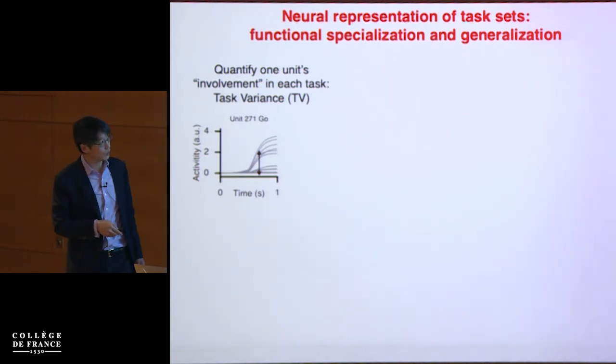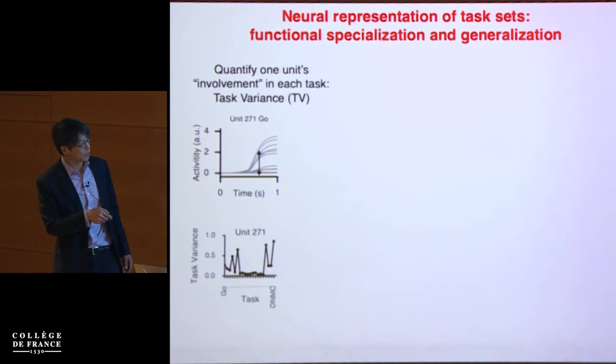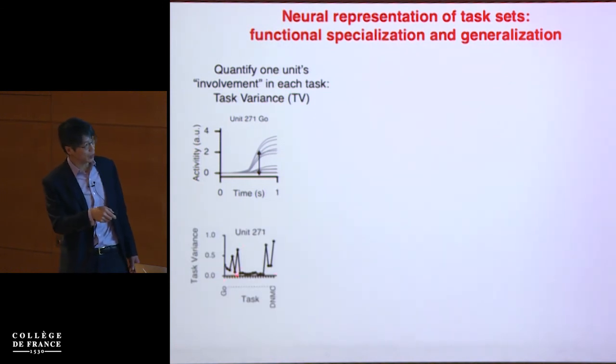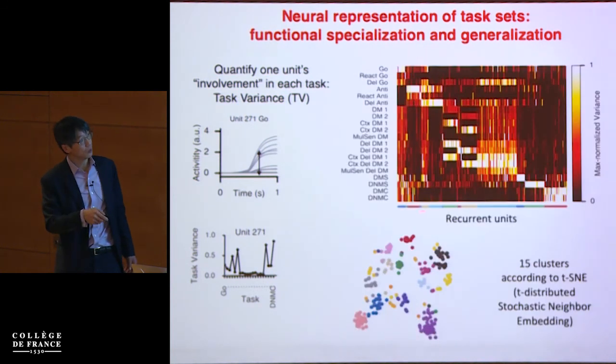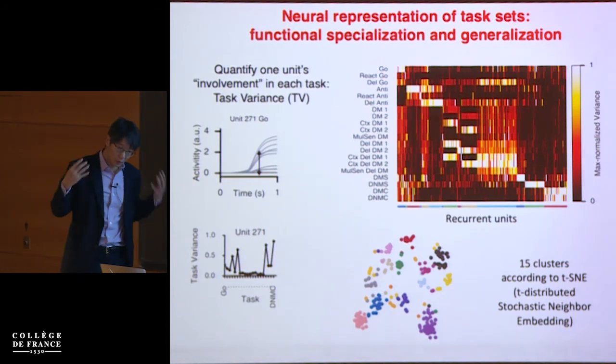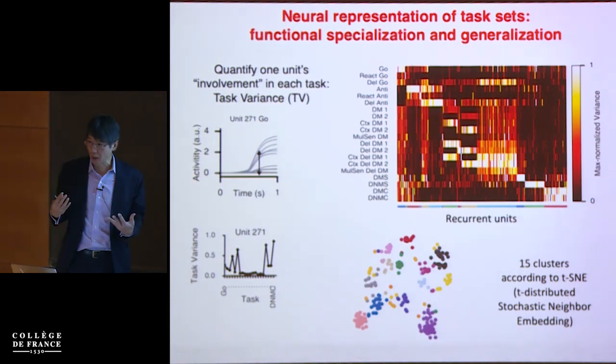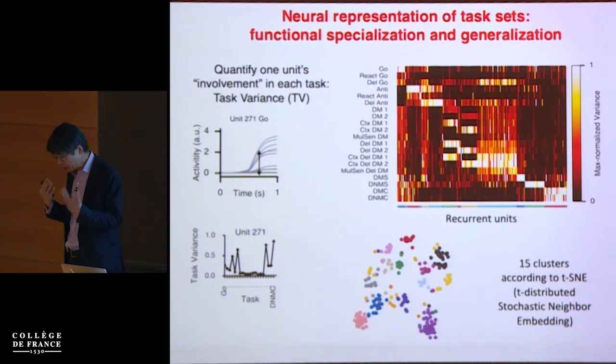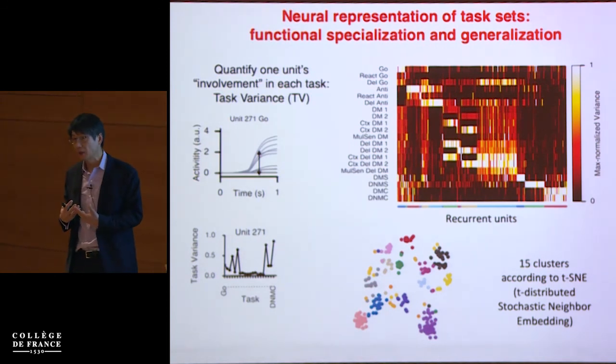So you get a number for each task for each unit. So for a single unit, you would get 20 numbers, right, for 20 different tasks. And then you get a matrix for different units and for different tasks. With this matrix, we can start to analyze whether the representation of task sets is organized in certain ways.